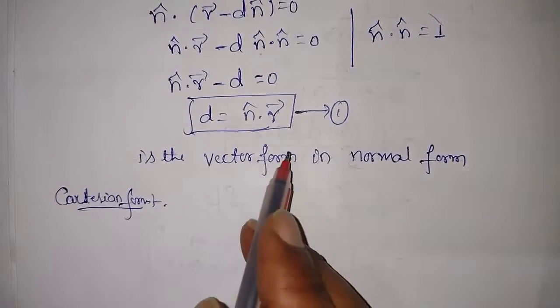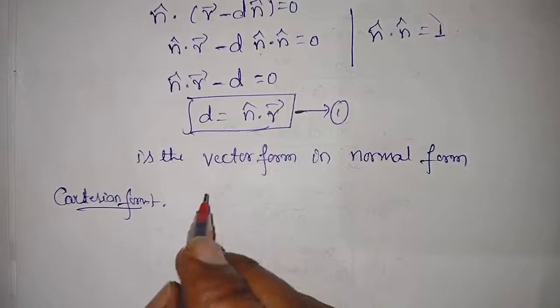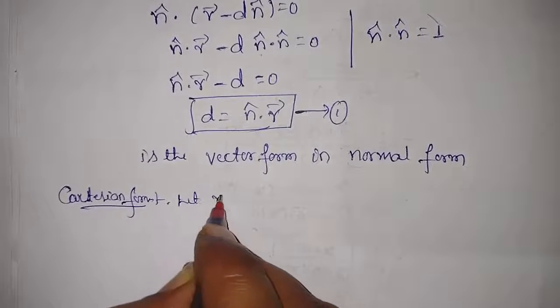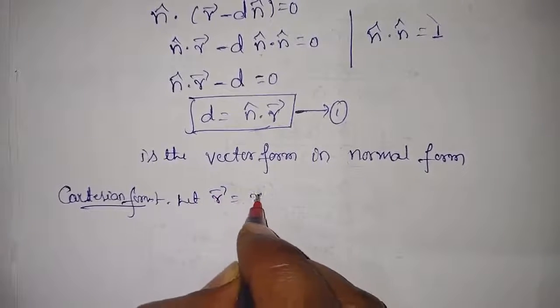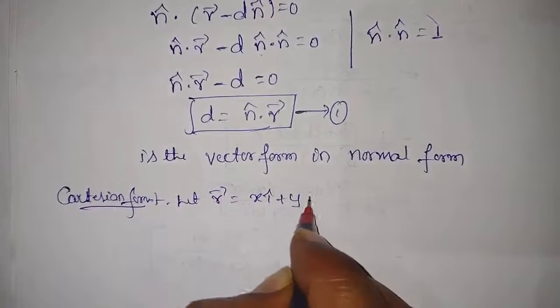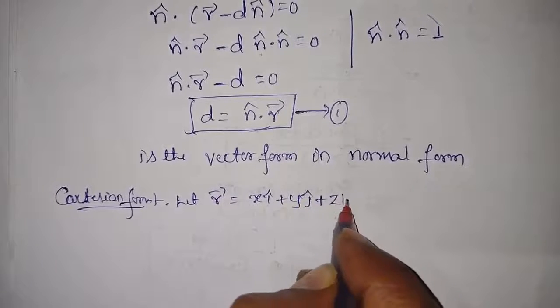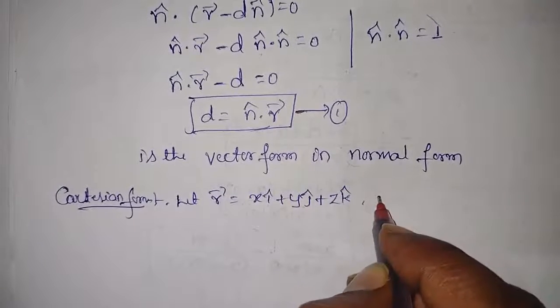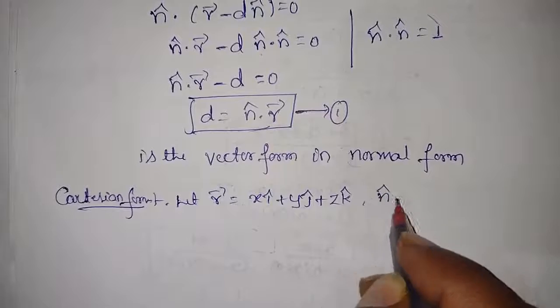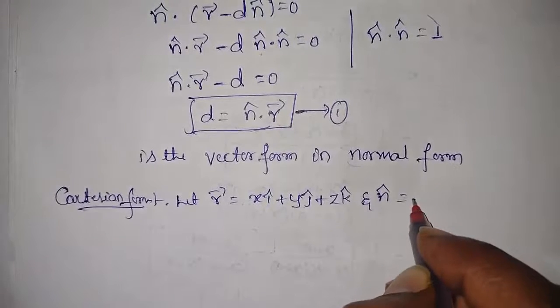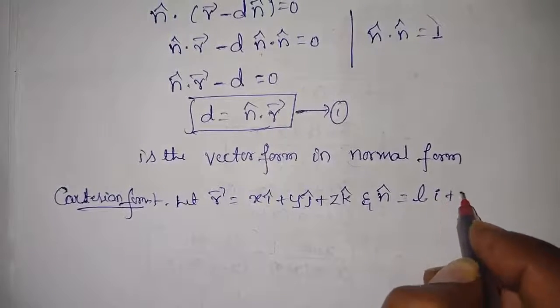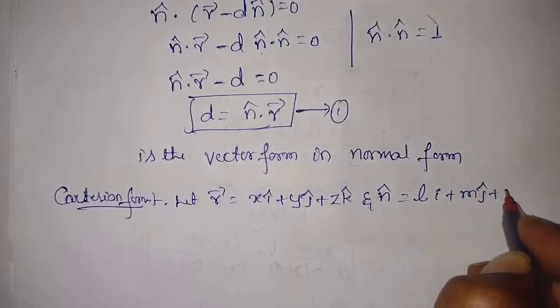So in this Cartesian form, let r vector be equal to xi plus yj plus zk, and n unit vector be equal to li plus mj plus nk.